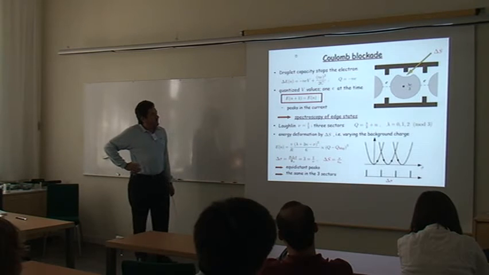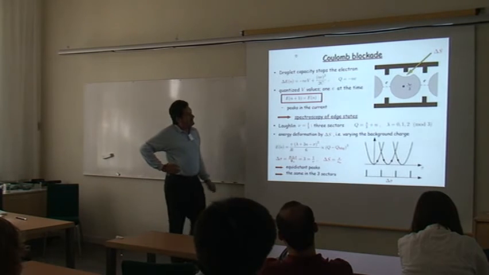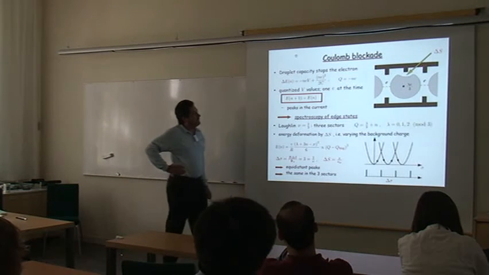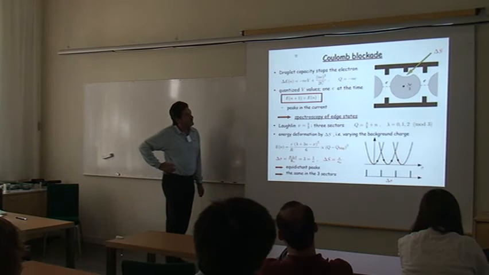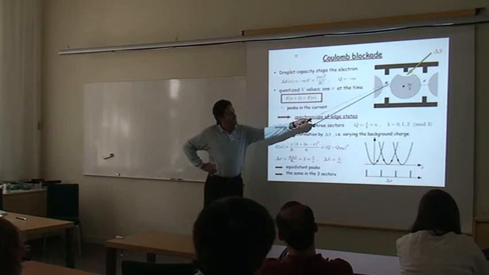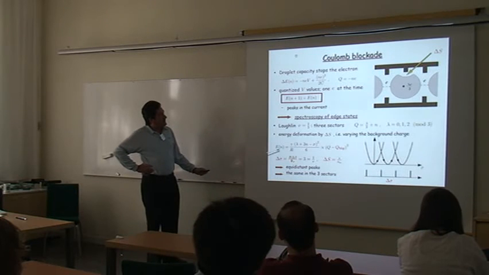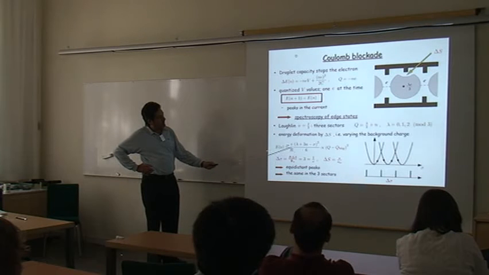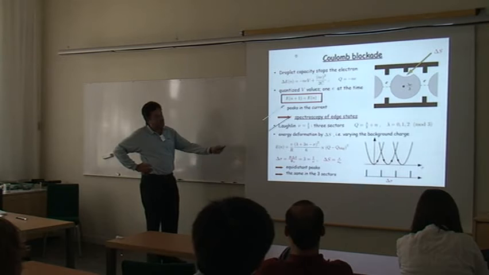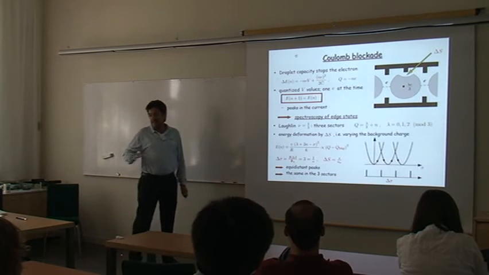And how can you realize these peaks? Well, you can do it by deforming the area of the droplet. If you deform the area of the droplet, then the energy levels, which are discrete and given by conformal field theory, have the typical edge spectrum, which is of order 1/R, the size of the sample. They are discrete levels.